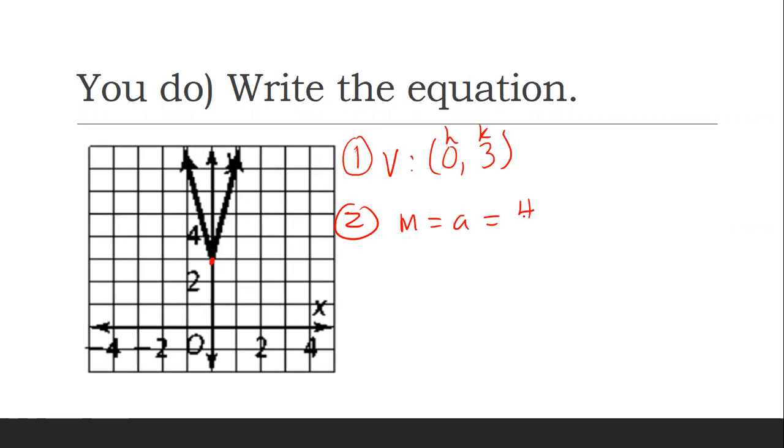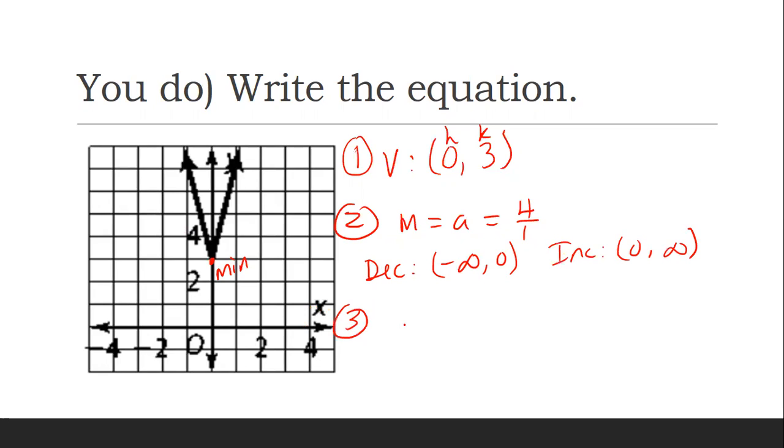We go up 4 and we go over 1, right? So because it's a minimum vertex, on the left side, we decrease from -∞ up until 0. And on the right side, we increase from 0 to infinity.